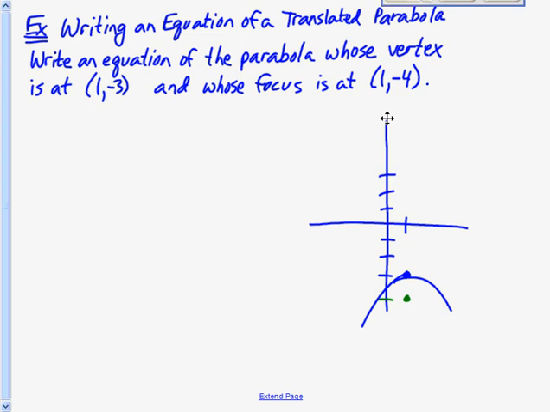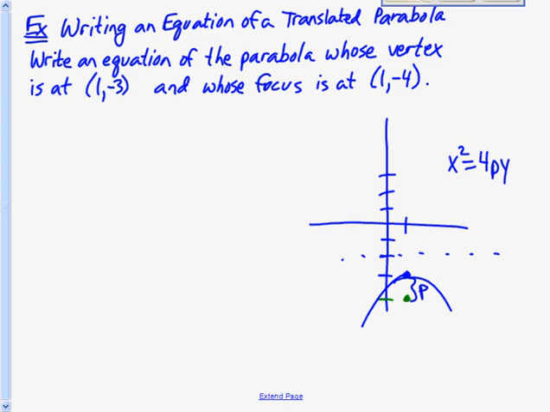Before, when we did this, if the parabola opened down, it was of the form x squared equals 4py, where p was this distance right there. It was p distance away, and then we had the directrix up above it, if you recall. So x squared equals 4py means it opens up or down.